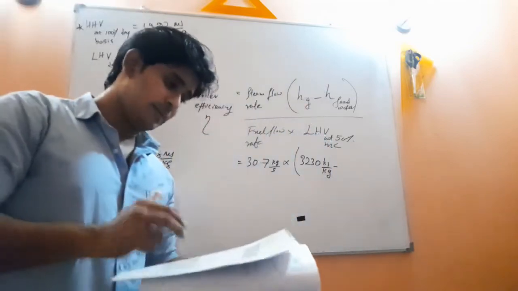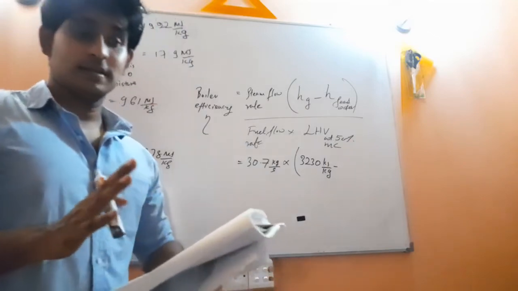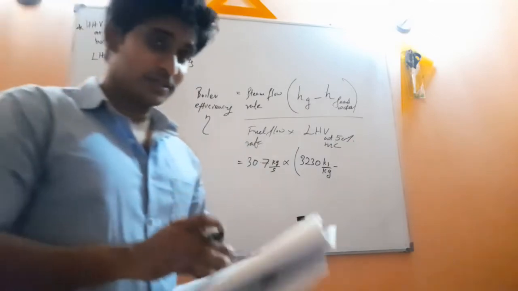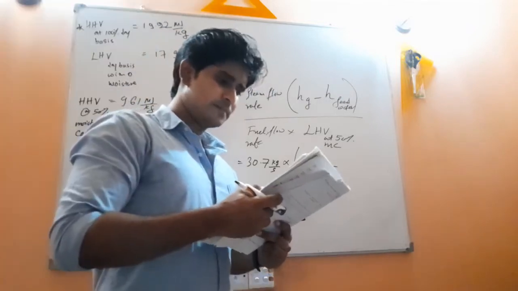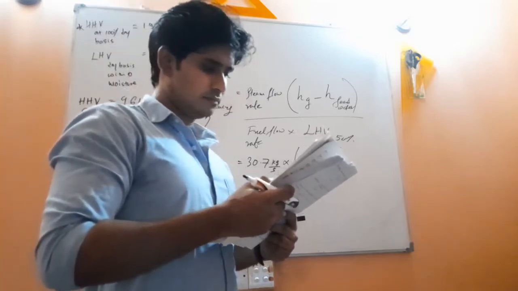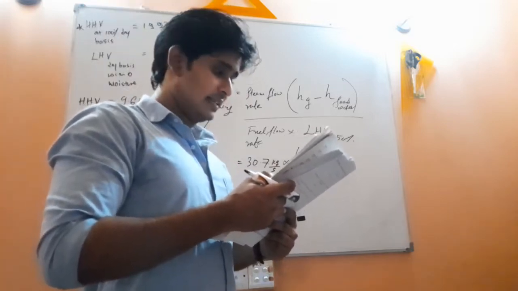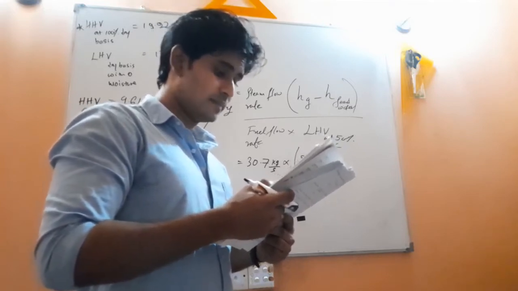Now you have to be a bit careful in here because they have not directly given the condition of feed water, right? The pressure after the steam turbines is 2.2 bar at an enthalpy of 2725 kilojoules per kilogram.